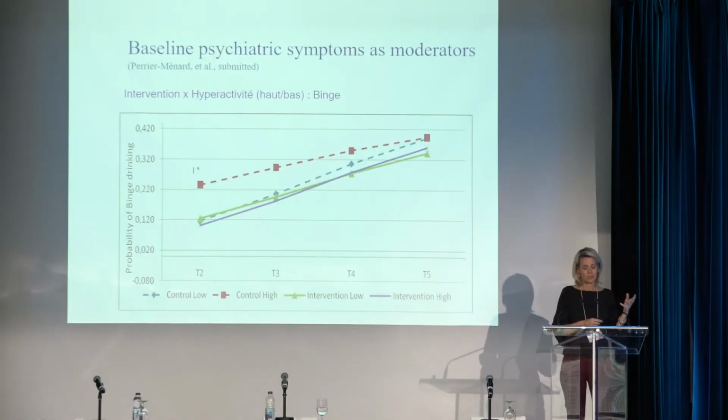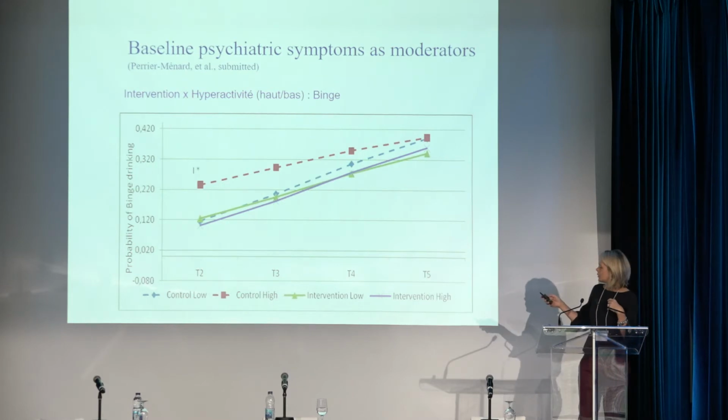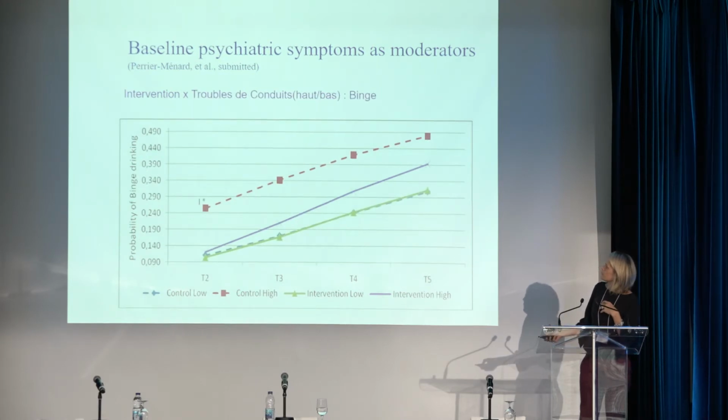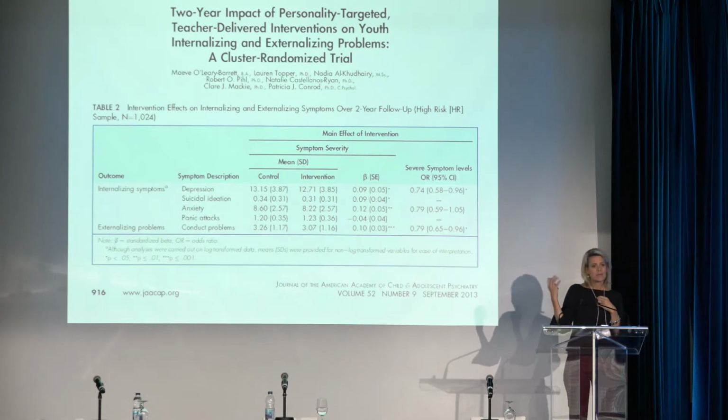And we have demonstrated here that the intervention was in fact more successful for people at high risk than low risk. With people, for example, who had ADHD and other problems and were very high risk, they definitely demonstrated that this intervention was successful. This was behavior problems, for example.